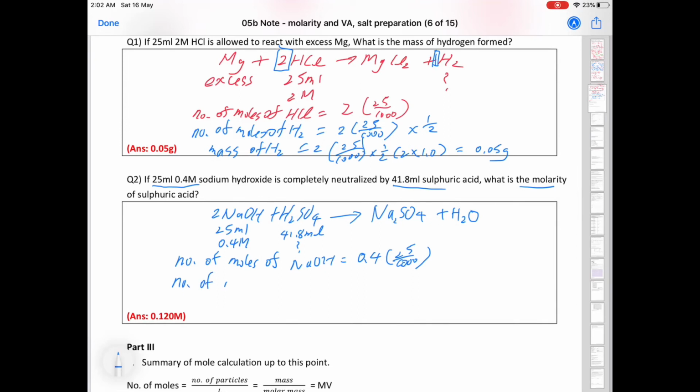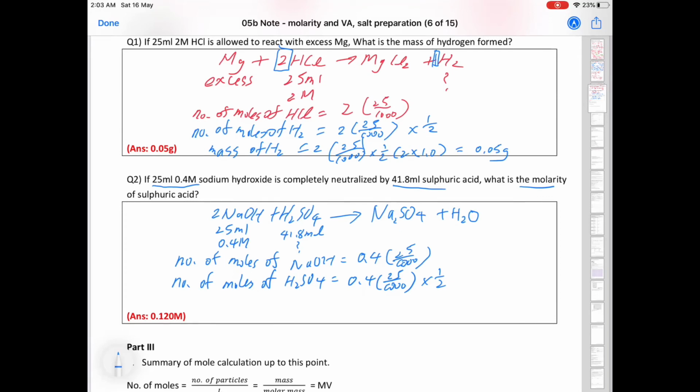Then use the mole ratio to find the number of moles of H2SO4. 2 NaOH reacts with 1 H2SO4, so the ratio is 2 to 1. It means that when finding the number of moles of H2SO4, you have to times 0.5, that is half of that of NaOH.